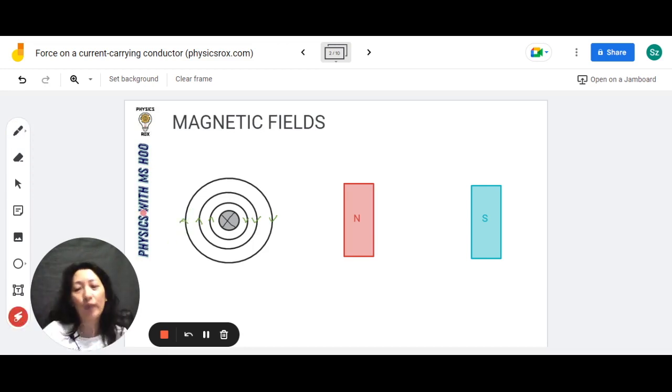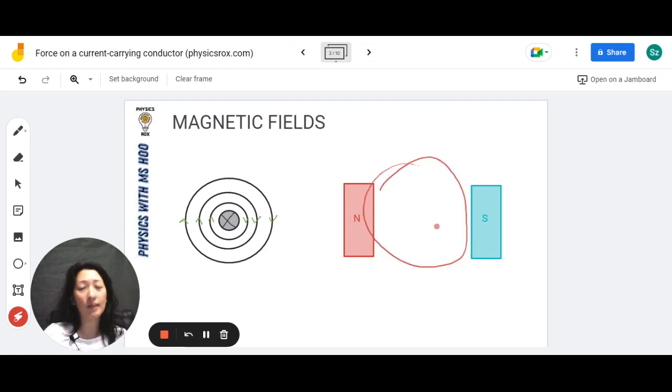So we know there are magnetic fields formed around a wire that has current flowing through it. On the right hand side here, we have two permanent magnets that we place at a distance from each other. So we have the north pole of this magnet. Of course, there's no such thing as one magnet being only north pole and one magnet being only south pole, but usually we draw it in the diagrams like this.